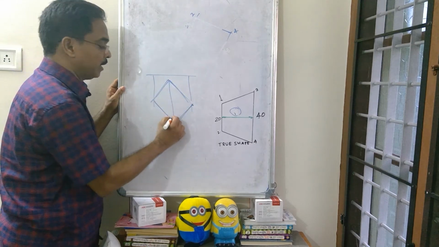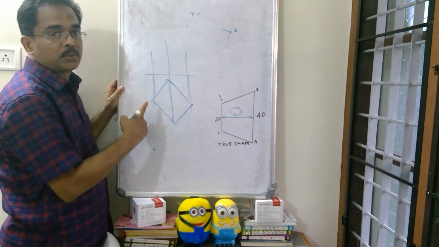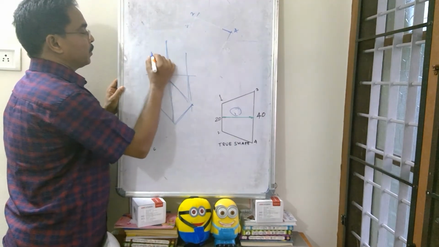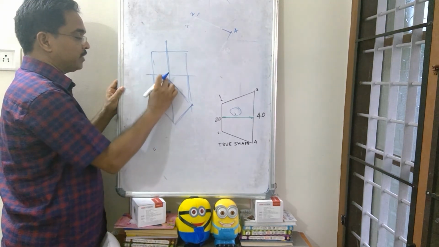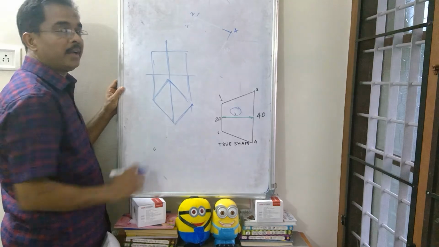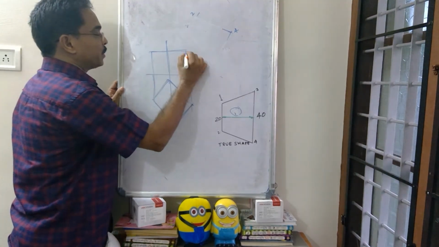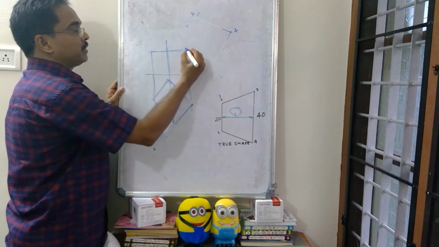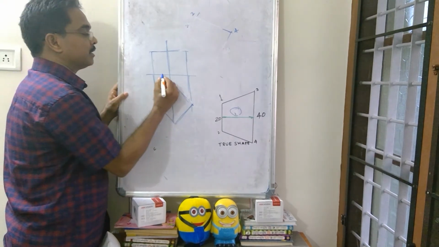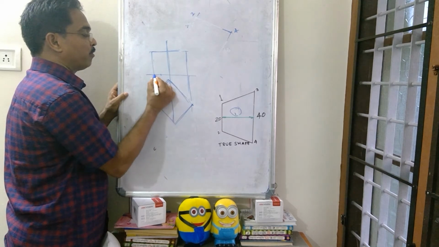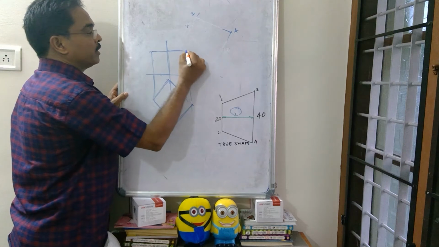Then only you will get the true shape as a regular hexagon. So for the cube, you should draw the square base equally inclined, and you should remember that the cutting plane should pass through the top end and bottom end, and through the midpoint of this side and the midpoint of this side.